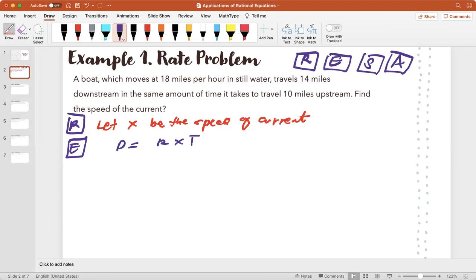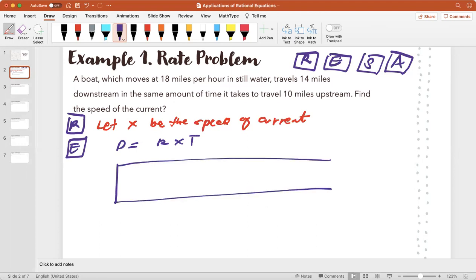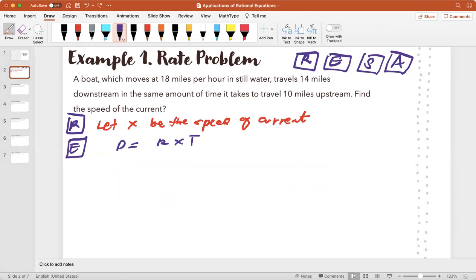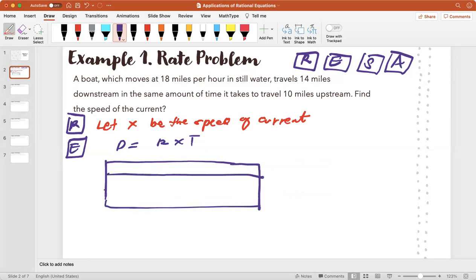So with the DRT table, let me create a table here. So let this be your distance, rate, time.